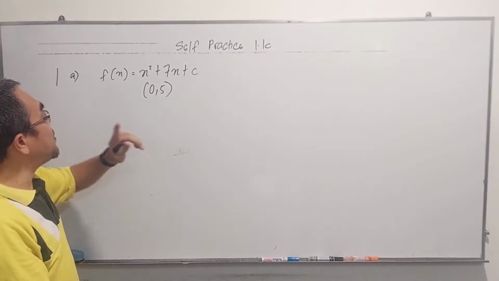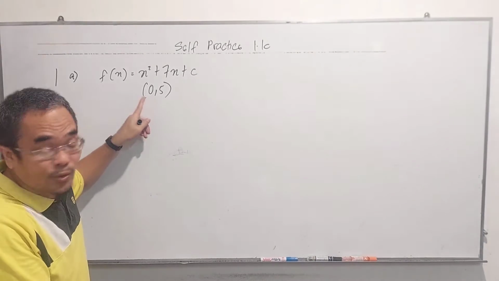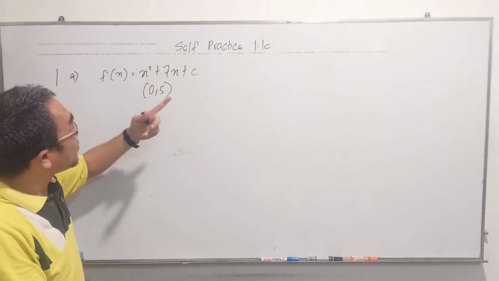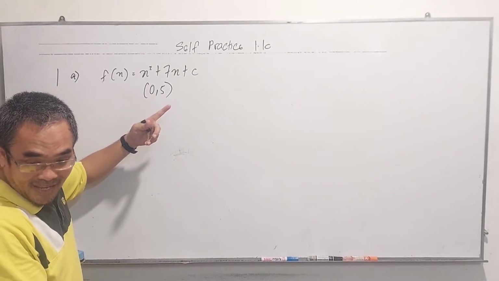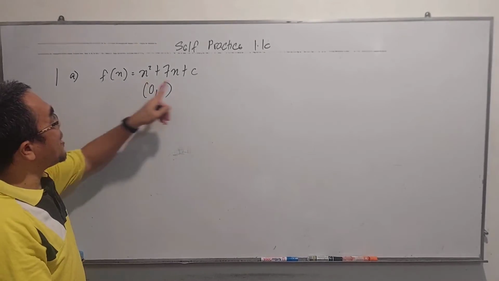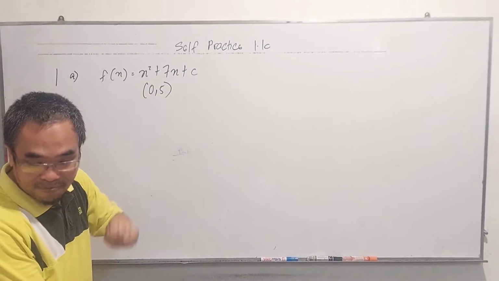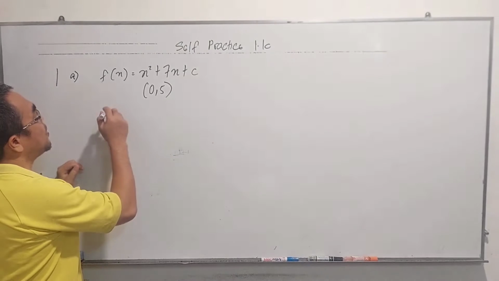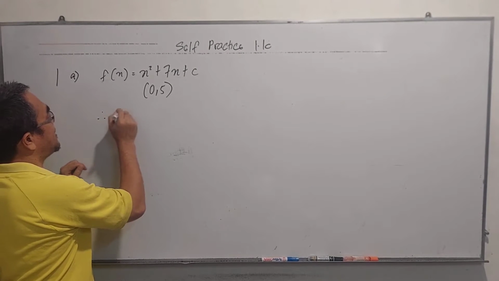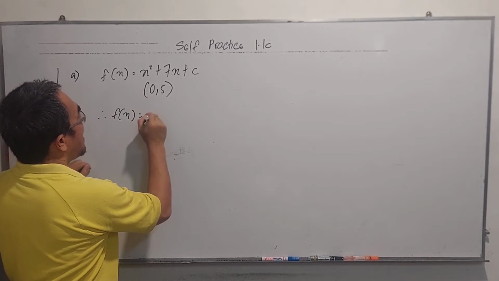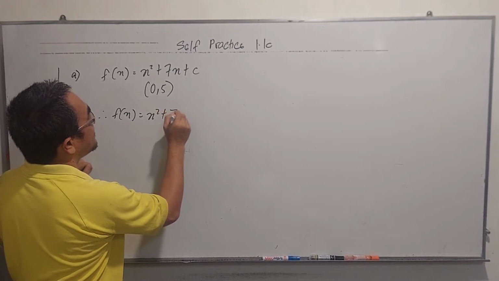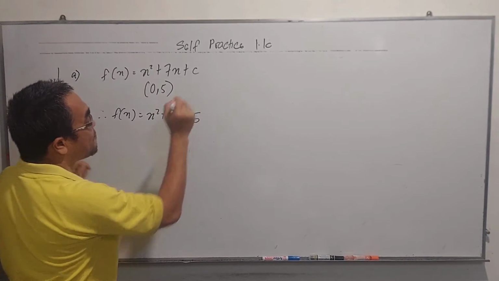Alright, so what we do, in case you want to replace x as 0, that is also okay. Right, so you are going to get c as 5. Okay, so therefore the equation is f(x) = x squared + 7x + 5.